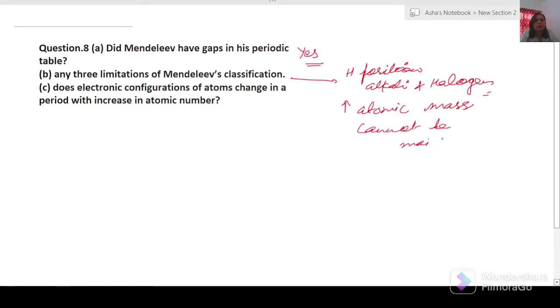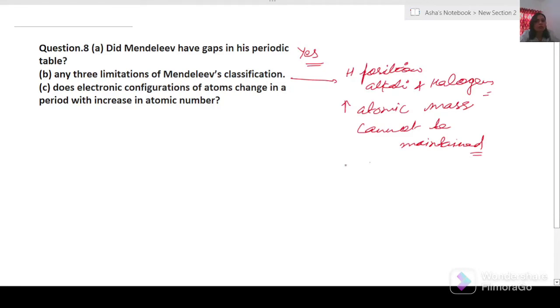Because in its periodic table, if you go through it well, you will see that just to satisfy the chemical properties, that is the oxides and the hydrides, he has placed some higher atomic masses before some lower atomic masses, right? So the increasing order of atomic mass cannot be maintained.